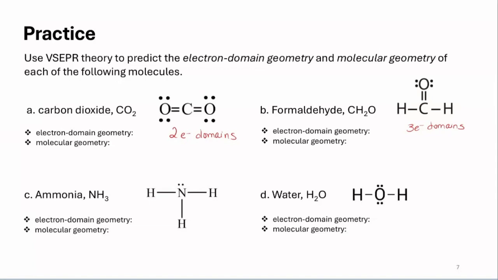Nitrogen has four electron domains, a lone pair, single bond, single bond, single bond. And lastly, I have water. Water around the oxygen atom has four electron domains, lone pair, single bond, lone pair, single bond.